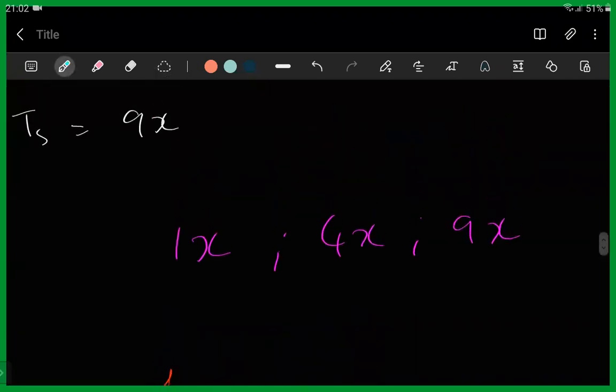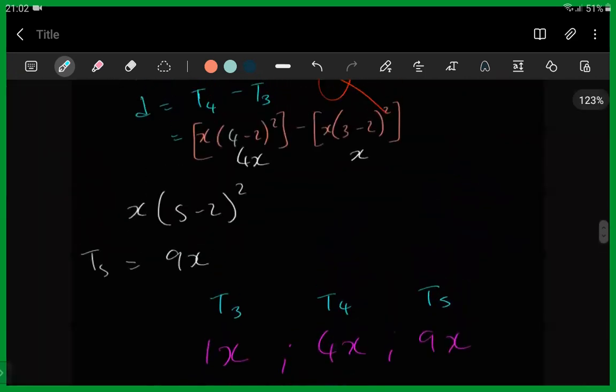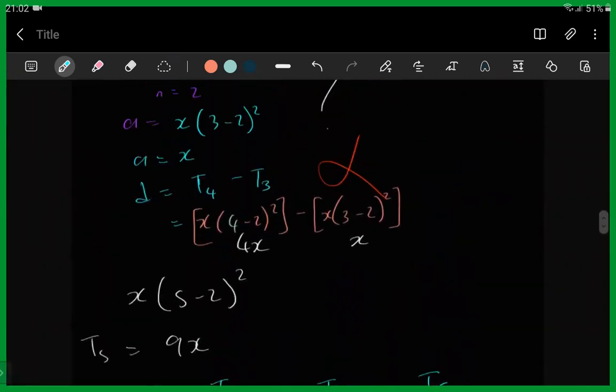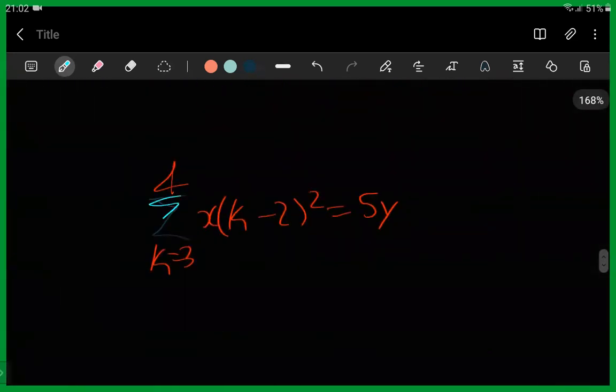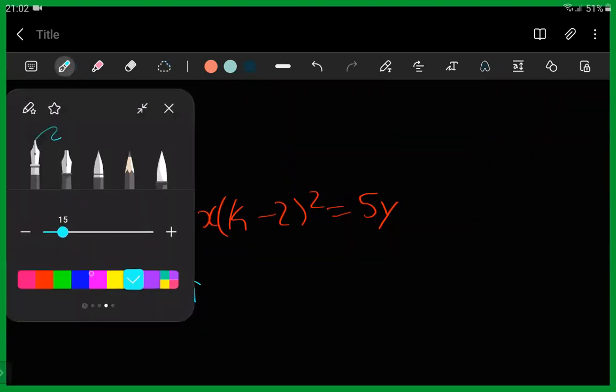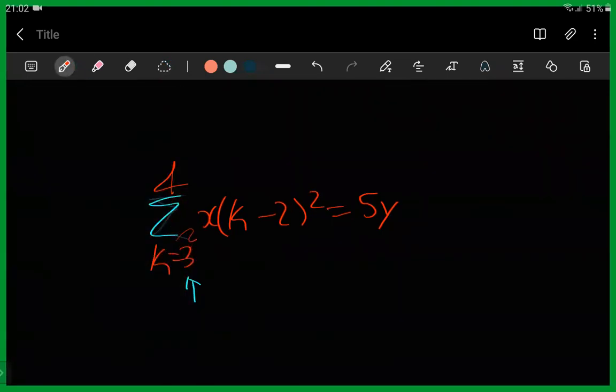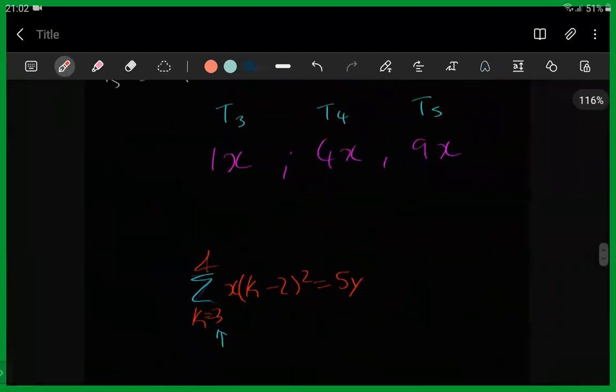Here, this was t number 3, t number 4, t number 5. And then remember, here we're supposed to add starting from the third one until the fourth one, you see.